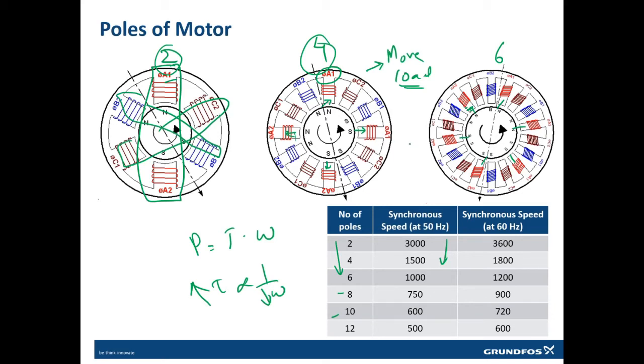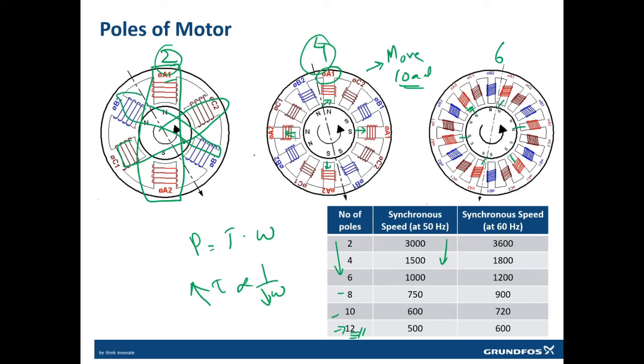So that is the reason, or that is the concept, of having different numbers of poles in a motor. Usually by default we have up to 12-pole motors. In my experience I have never seen a motor above 12 poles. They are used where the flow of the pump is very high, where we usually use bigger kilowatt or bigger pole motors, because we don't need very high pressure.